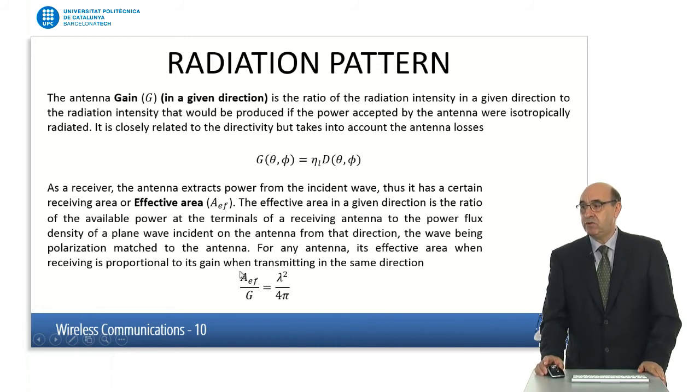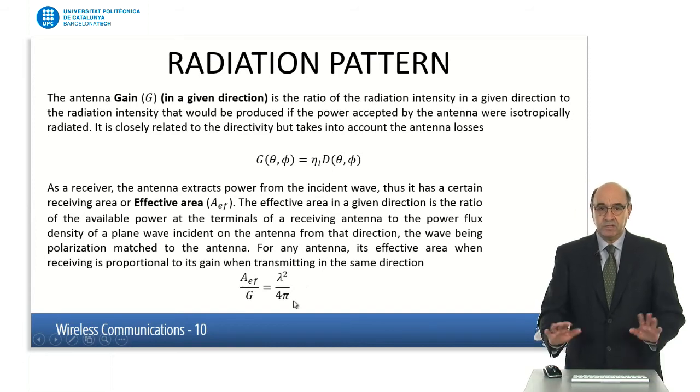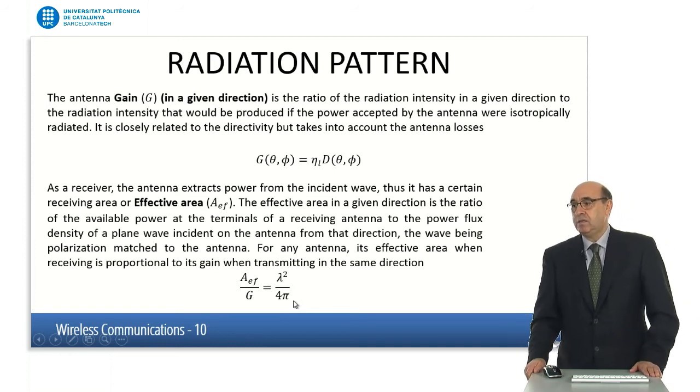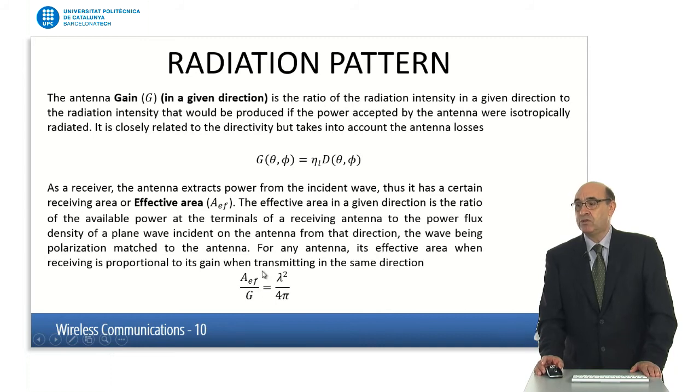There's a simple ratio that tells you that the effective area and the gain of the antenna, this ratio, is always equal to the square of the wavelength divided by 4 pi. And this is the value for all antennas. That means that if you know the gain of the antenna in a direction, you also know the effective area of that antenna.